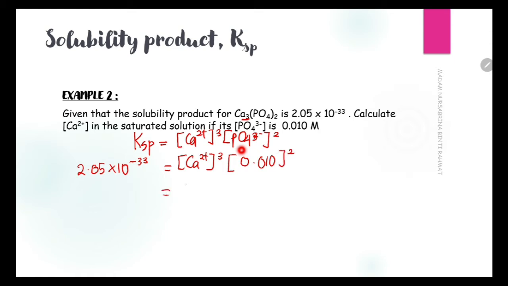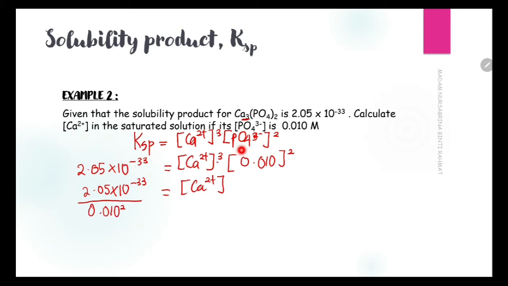With a little bit of rearrangement to calculate the calcium ion, it's 2.05 times 10 to the power of negative 33, and the phosphate ion concentration, if we transfer it to the other side, is divided by 0.010 to the power of 2.